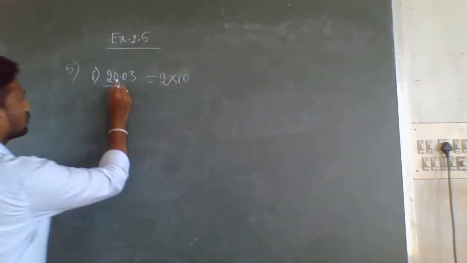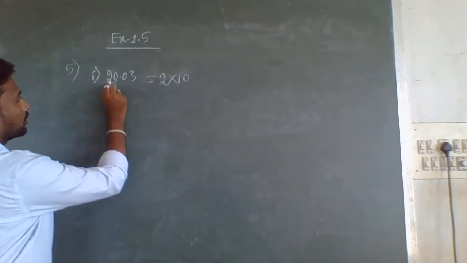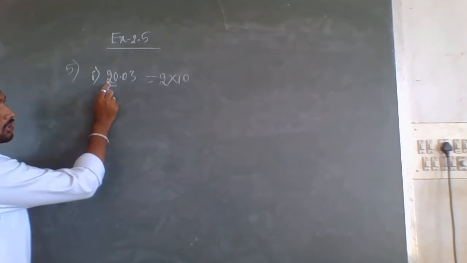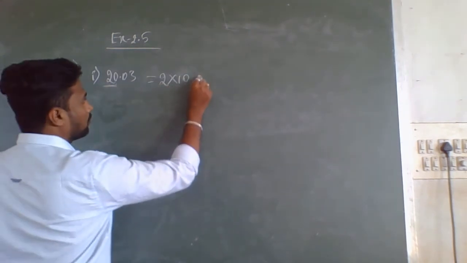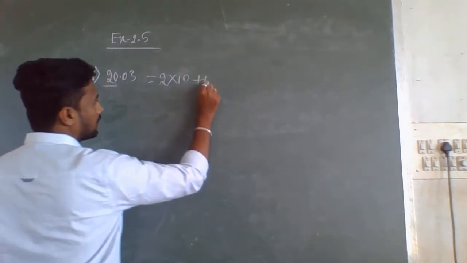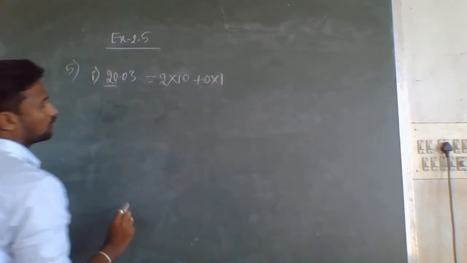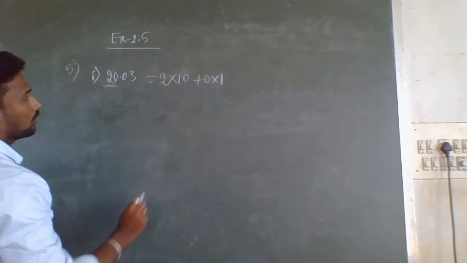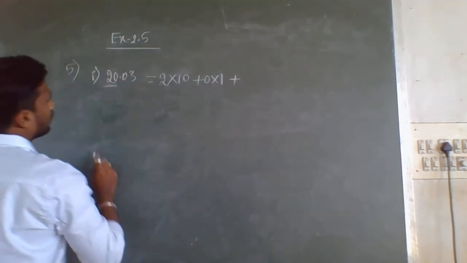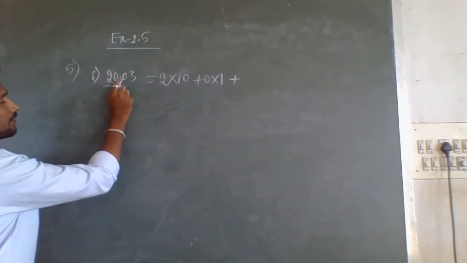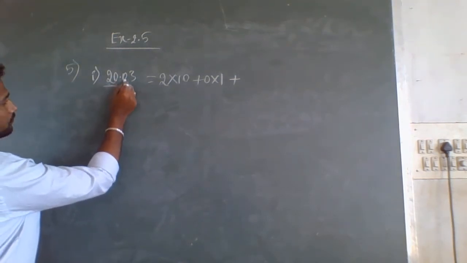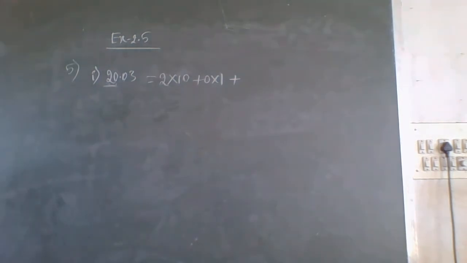First ones position, after ones position there will be tens position, therefore 2 is at the tens position, therefore 2 into 10, plus next 0 is there, this is at the ones position, therefore 0 into 1, plus next here decimal point is there, after decimal point first position is tenth position.